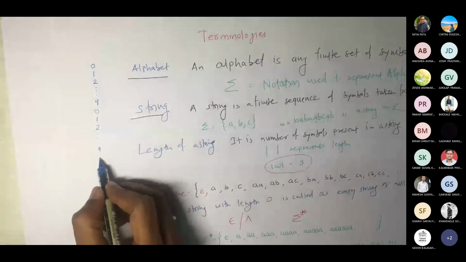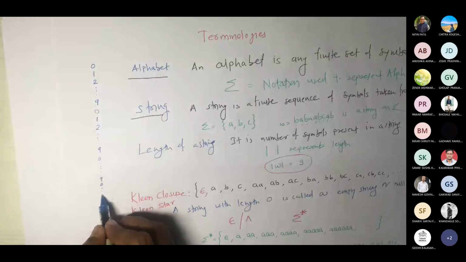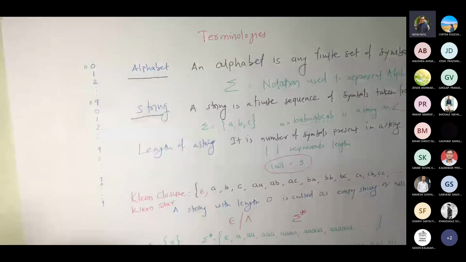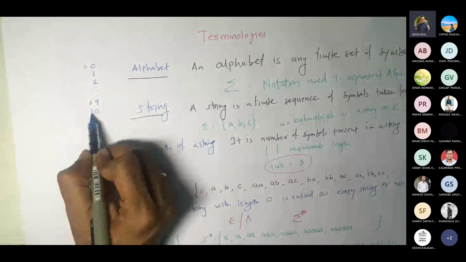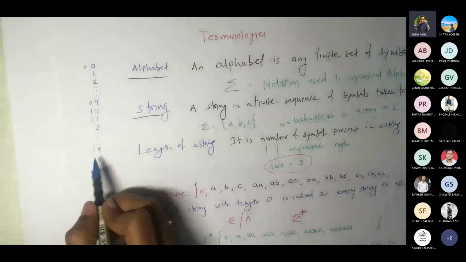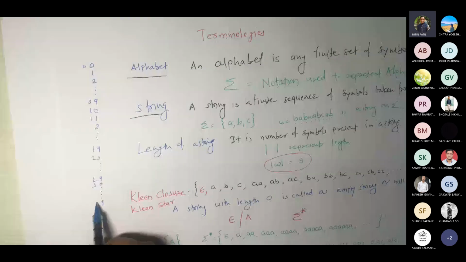Do this continuously. Now you write 0 here, 0 here, so you got 0 9. You write 1, you write 1, and you get 2-digit numbers.